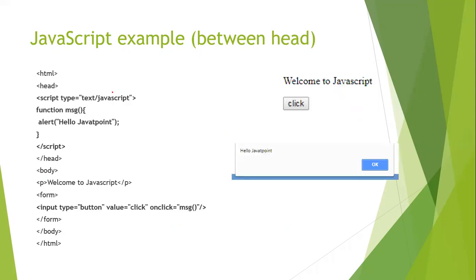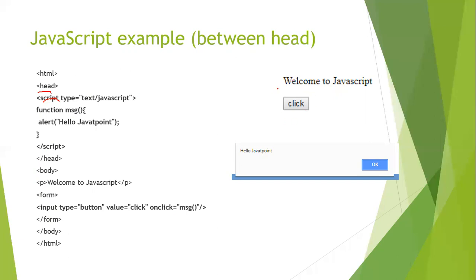Now the second way for the internal placement is to place the script between the head tag. Okay, so over here, if you observed, this script tag is placed between the head tag. Okay. Now over here, in the body, one button is there.